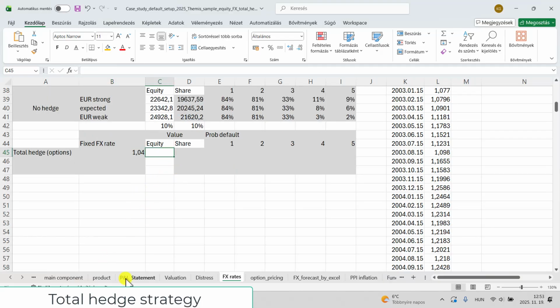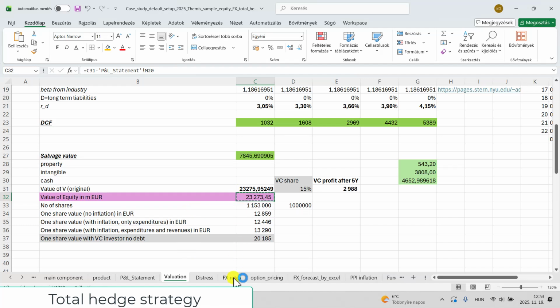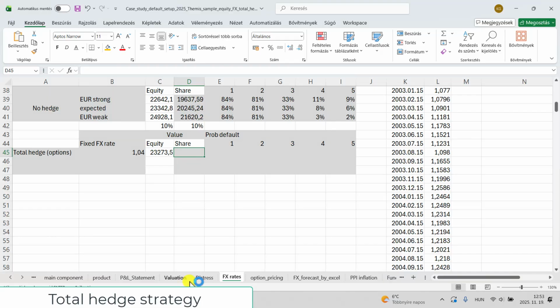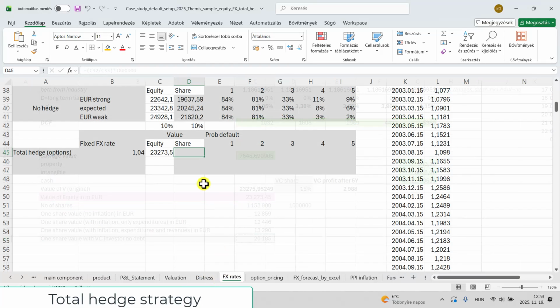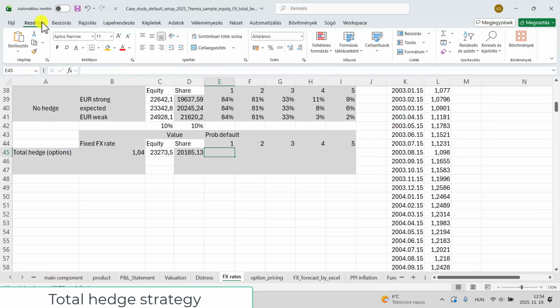So impact on equity. Impact on share value. Then impact on distress.